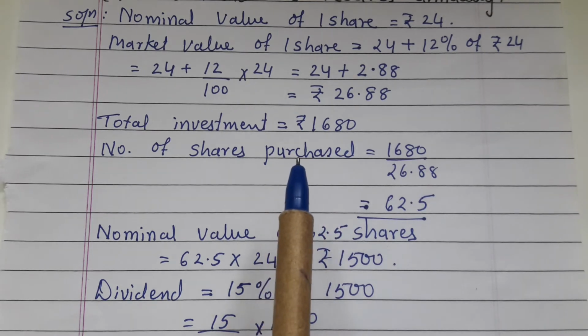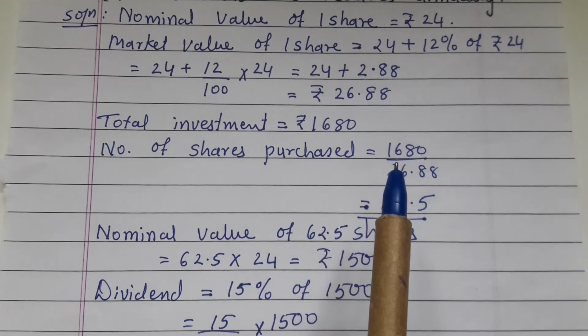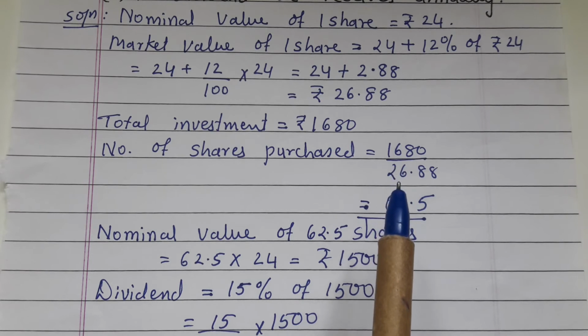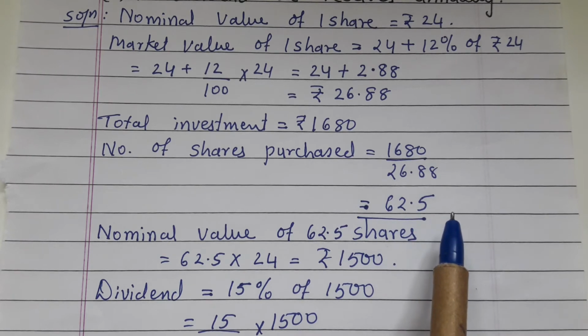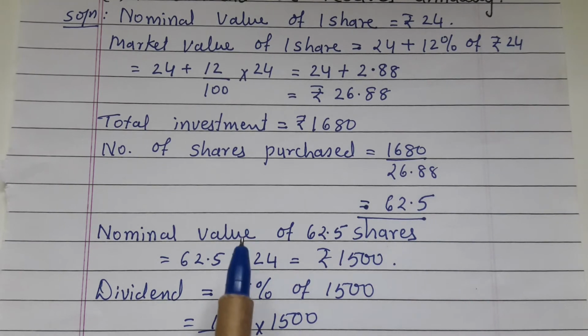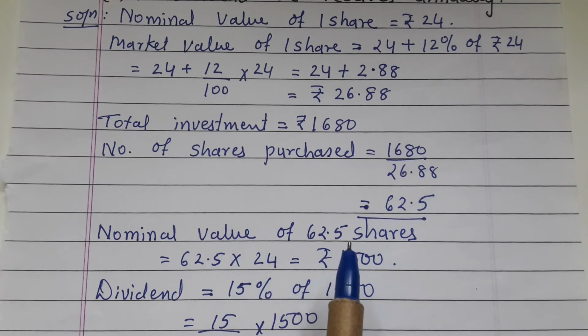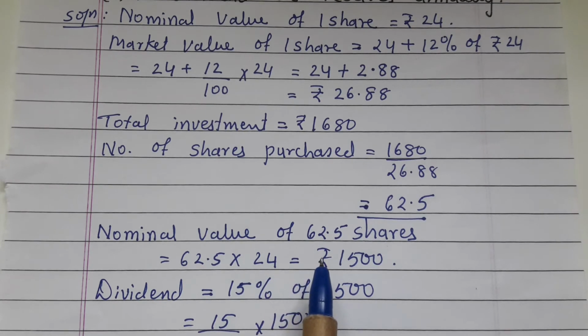Number of shares bought is equal to 1680 upon 26.88, that is equal to 62.5 shares. Nominal value of 62.5 shares will be 62.5 into 24, that is equal to rupees 1,500.